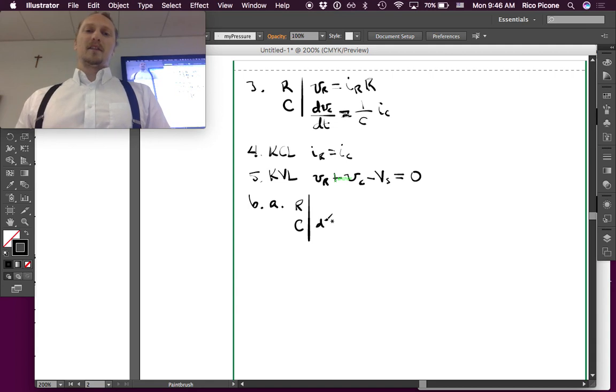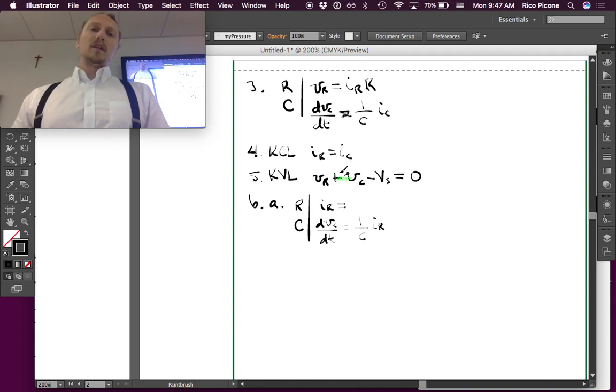So dVC/dt equals 1 over C, and I'll use IR. Okay, so that gets rid of IC from contention. Now, in the other equation, I can say that IR is equal to VR over R, right, if you just solve this.